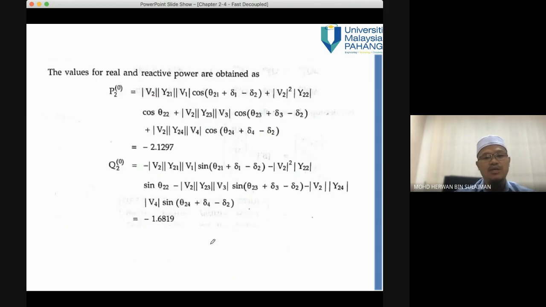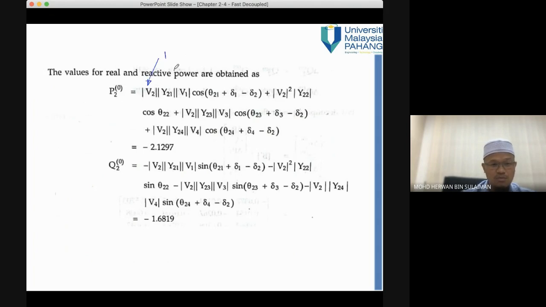Bila dapat inverse, okay, next step dia cari P2, delete initial value. So P2 sama lah, you kena kembangkan. V2, Y21, V1 cos theta 21 tambah theta 2 tolak theta 2 tambah theta 1 tambah V2 square Y22 cos theta 22 tambah Y23 V3 cos theta 23, theta 3 2 tolak theta 3 sampai 4. So and then masuk value asal lah.